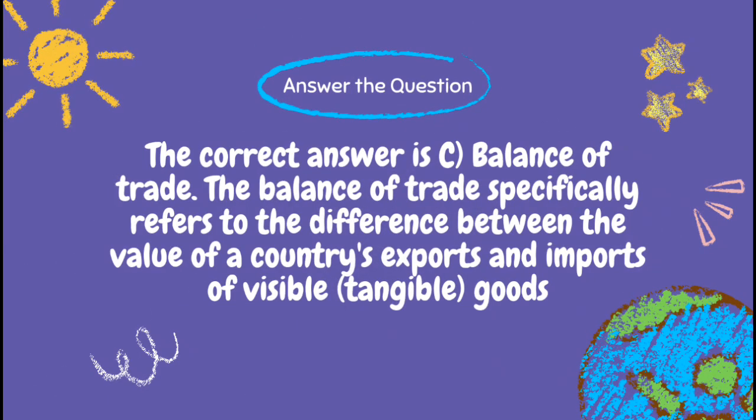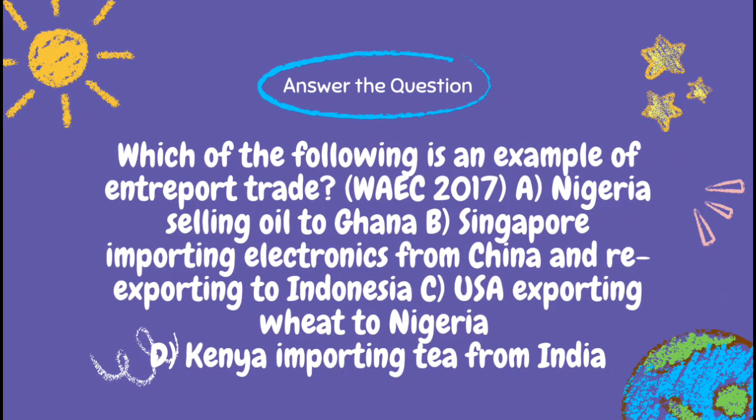Think about the answer. The correct answer is option C, that is balance of trade. The balance of trade specifically refers to the difference between the value of a country's exports and imports of visible, that is tangible goods.